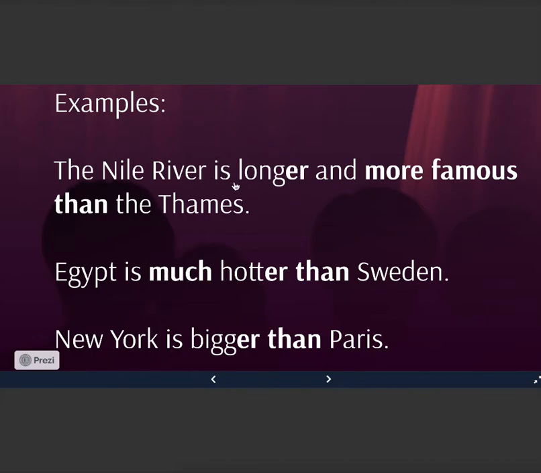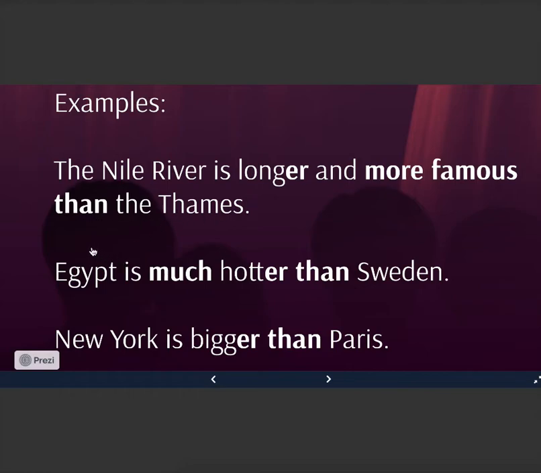If you say long, you will notice there is only one syllable. For that reason, er at the end: longer. But what happened with famous? Famous is another adjective. Remember that adjectives are words to describe characteristics. Famous has two syllables. For that reason, we have to add the word more. So the Nile River is longer and more famous than, remember than, the Thames.